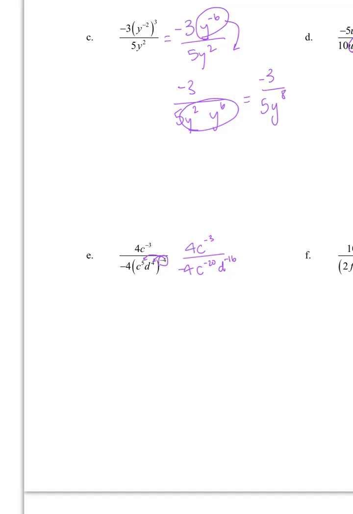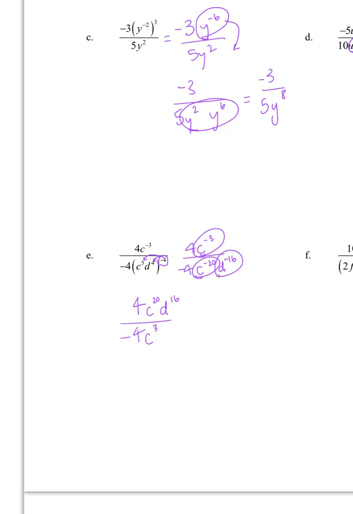All right, so now I get to move some stuff around. Okay, I'm going to leave the 4s out in front alone just for a second. This moves into the denominator and becomes a positive 3. This moves into the numerator and becomes a positive 20. This moves into the numerator and becomes a positive 16.